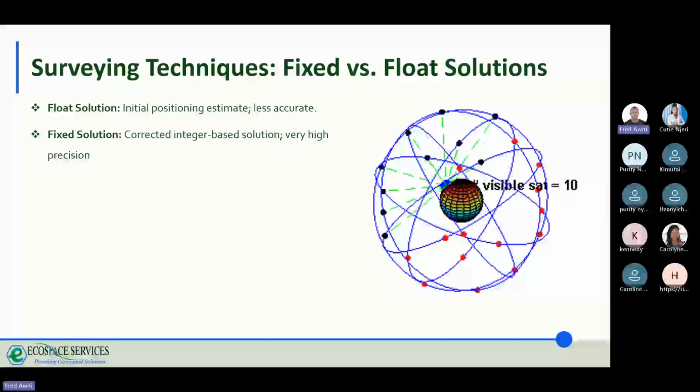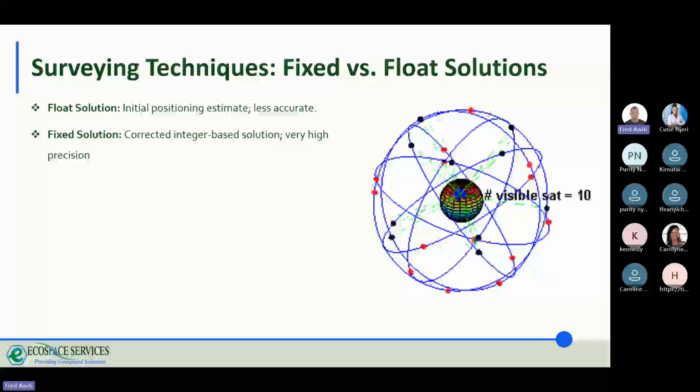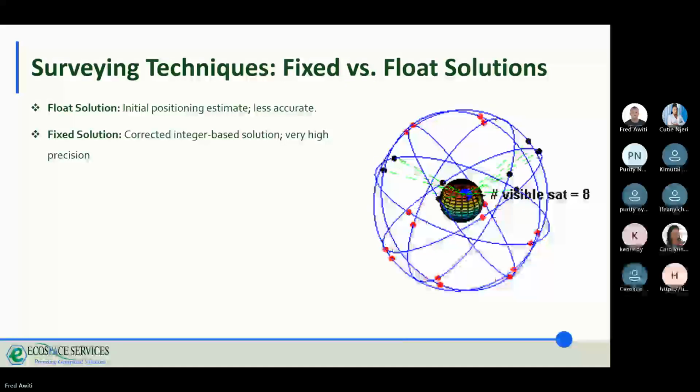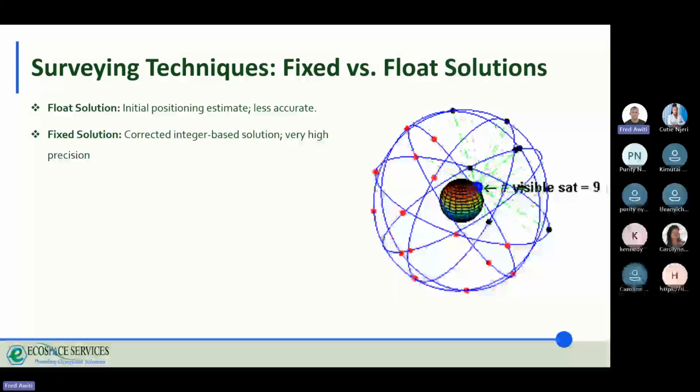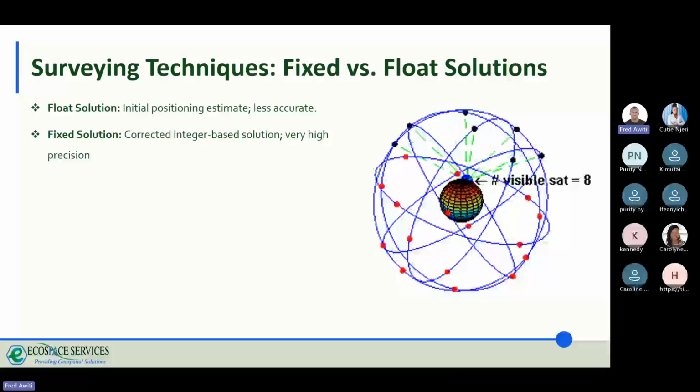When you're in an open space, you're seeing more satellites. For you to determine a position, you must have at least 4 satellites for your position to be given. But in this particular case, when you come to a solution, you're looking at a fixed solution and a float solution. This happens when you're receiving corrections from a base station.